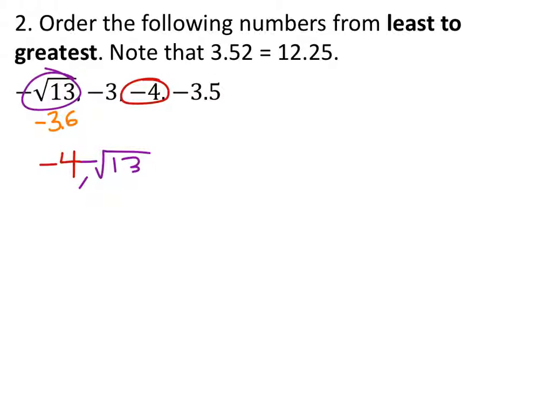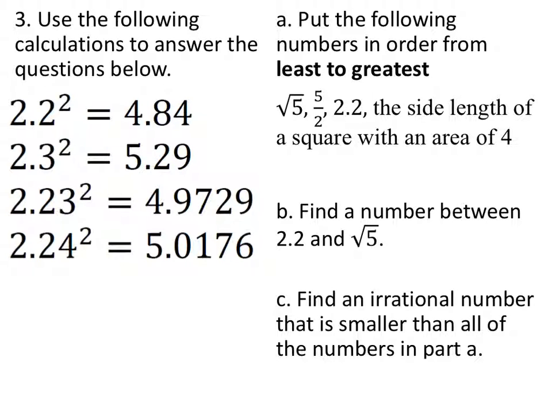The next one would be negative 3.5, which was just a little bit farther to the right than that number. And then finally negative 3. Now, we would need these calculations if we were not using a calculator, but since we are using a calculator, we don't really need those.